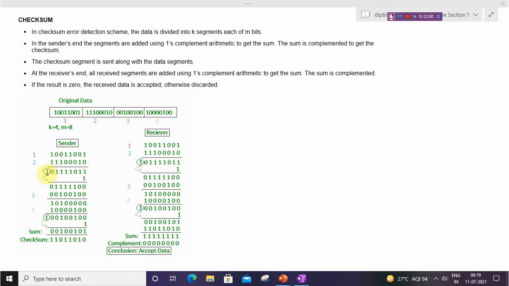Okay. So here the carry is again added with the data unit. Then 1 plus 1 is 10, 0 with carry 1, then again 1 plus 1 is 10, then 0, again carry 1, then 0 plus 1, 1 plus 0 is 1, then 1, 1, 1, 1 and 0.